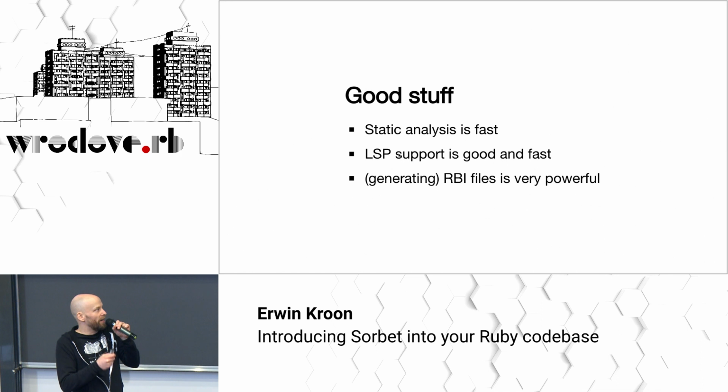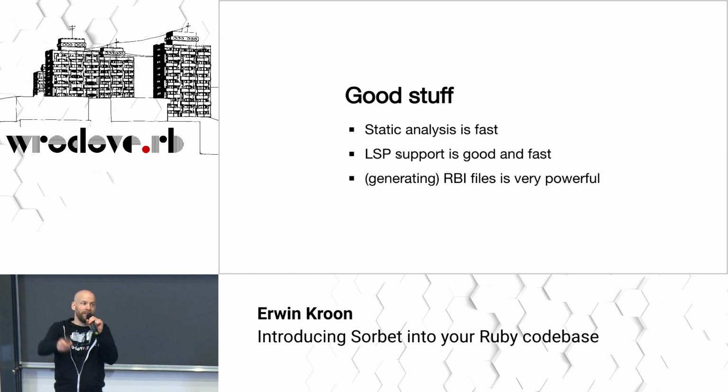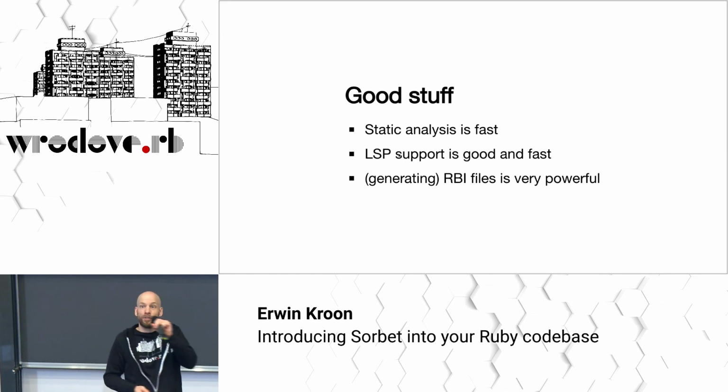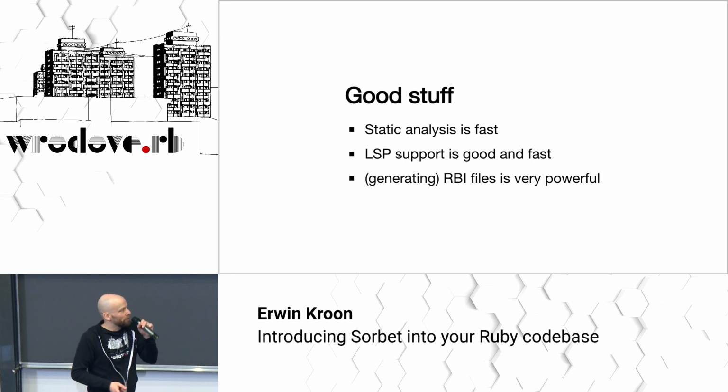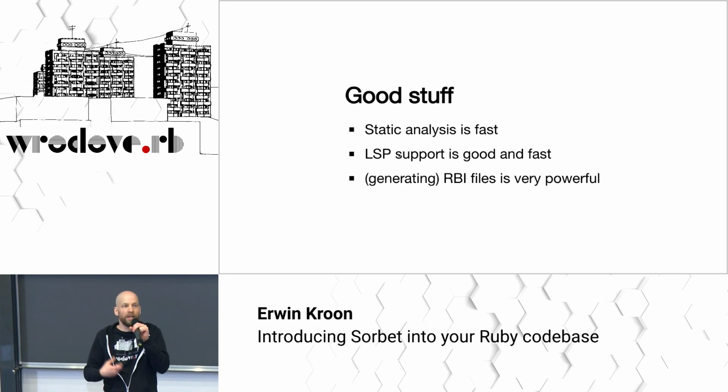Of course, I also end up, I don't know if someone used TypeScript, you click on something, you get to the TypeScript definition file that is generated or typed separately, and then you end up in nothing land. But if you add some nice documentation to your definition, you can still get to the source code. So this is actually quite good. I like it. LSP is also super fast. So that's all good. And generating RBI files is also very powerful, which is super nice.